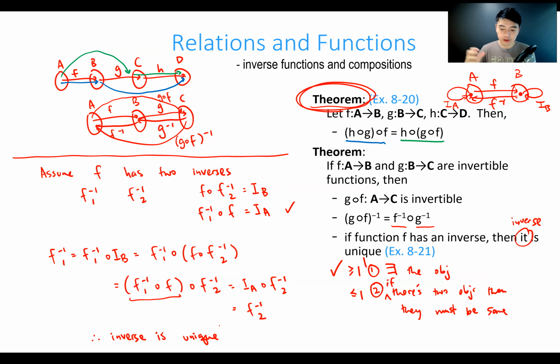Or we're going to assume that there's two different ones, and then show that this could never happen. So there's another way that we can show uniqueness. Two parts, right? We show that there's at most one, and also we need to show that there's at least one. Now in this proof, again, we're told that there's at least one, so we didn't need to make that proof.